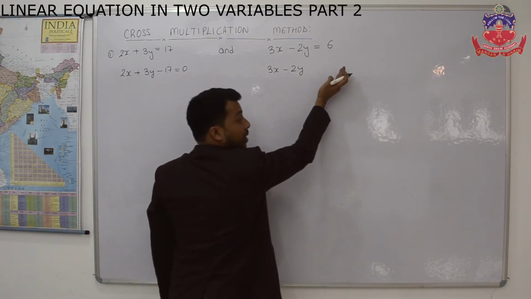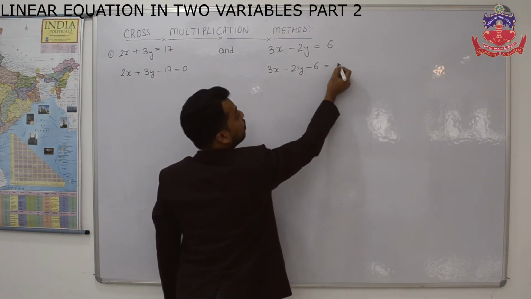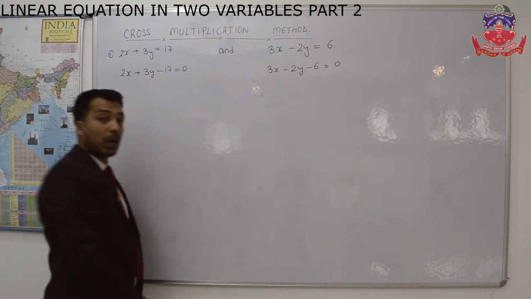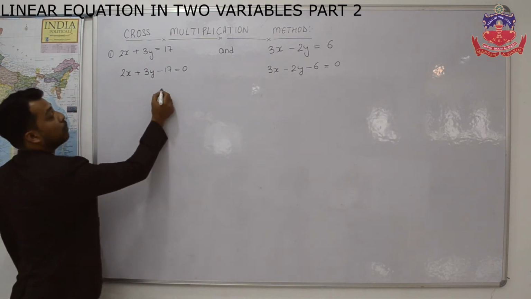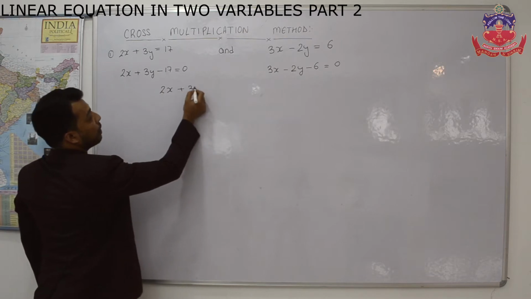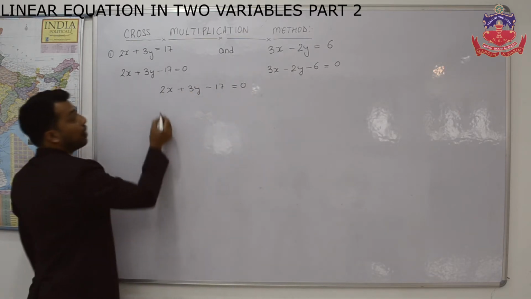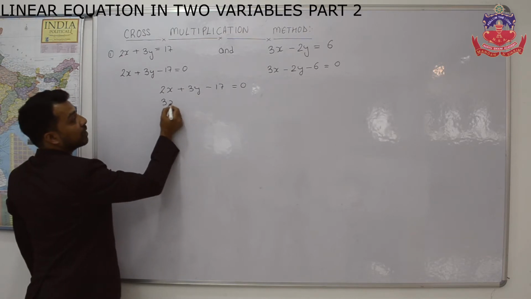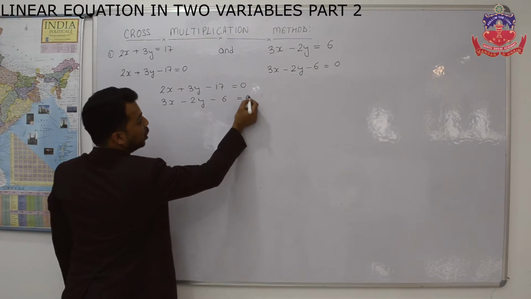Now you have to bring the 6 to the left hand side, so it will come as minus 6 equals to 0. Once you have brought everything to the left hand side, you write both the equations this way: 2x plus 3y minus 17 equals 0, followed by the second equation, 3x minus 2y minus 6 equals 0.